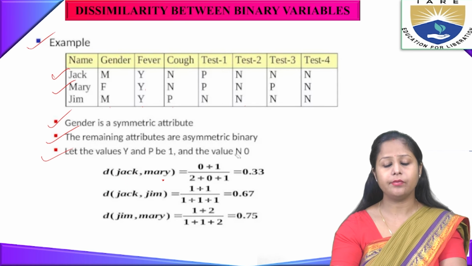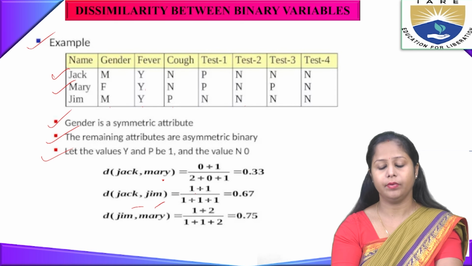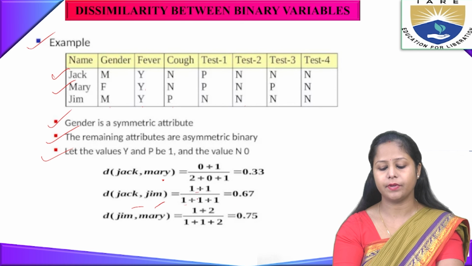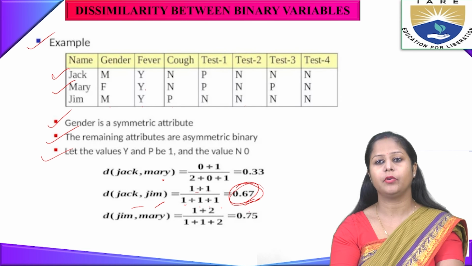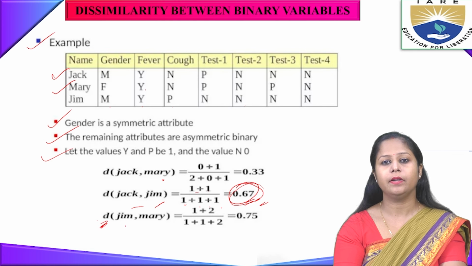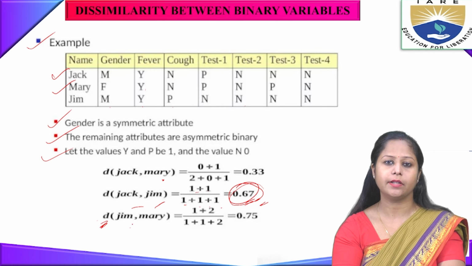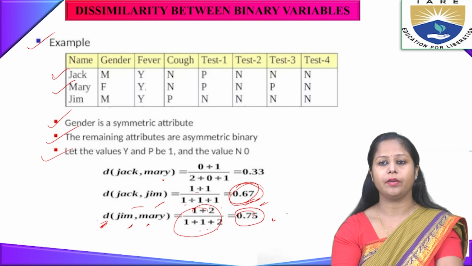The same we will apply for the dissimilarity of Jack and Jim. So we will have the calculation (1 plus 1) upon (1 plus 1 plus 1), and from the formula we will have the result 0.67. Similarly, if we check the dissimilarity between Jim and Mary, we will have (1 plus 2) upon (1 plus 1 plus 2). So the result will be 0.75.